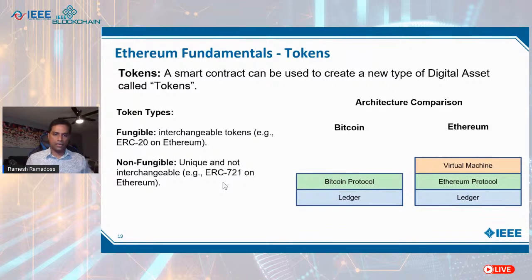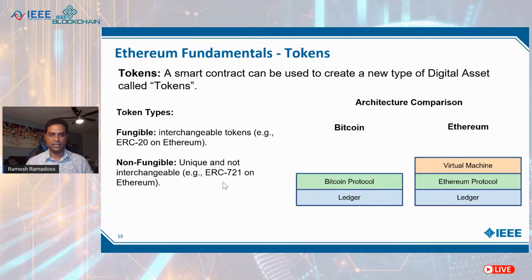Okay, now let's talk about tokens. A token is a programmed asset, meaning a smart contract that could be used to create a new type of digital asset called tokens. There are two types of tokens that you would come across in the blockchain field. Very common ones are fungible, meaning interchangeable.